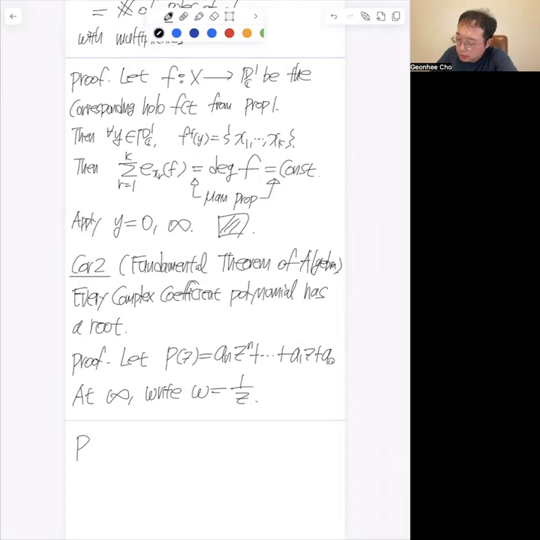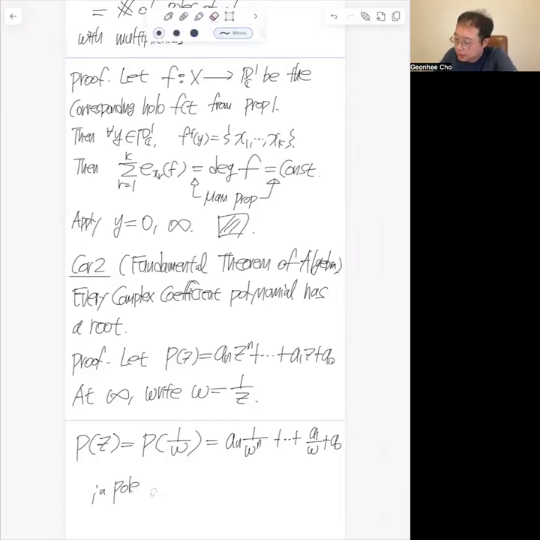So we know P of z equals P evaluated at 1 over w. Then you can see that this is the same as this. So this is a pole. So you can see that infinity is a pole of order n.